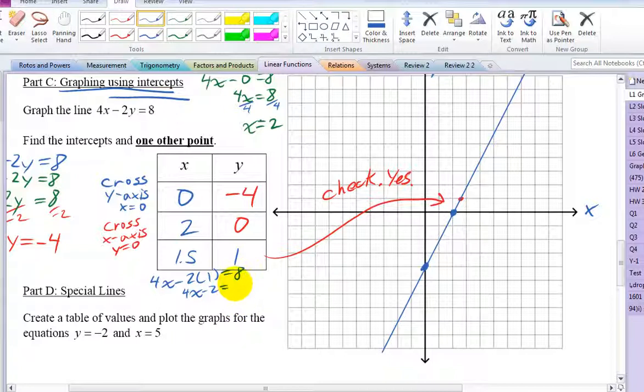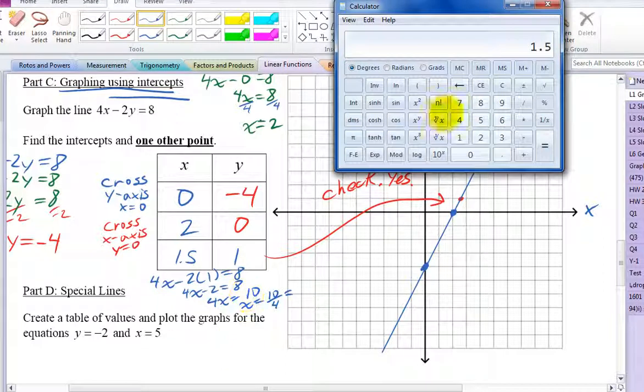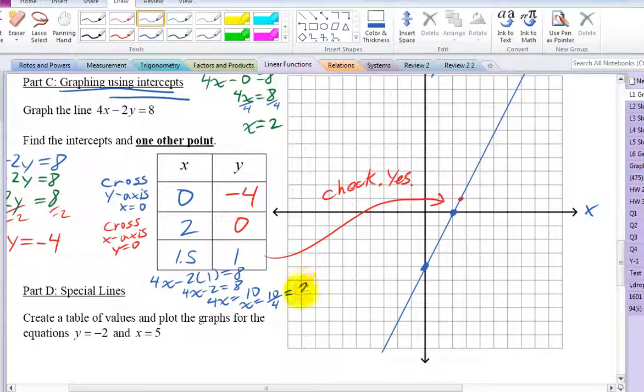How embarrassing. Now I know what you guys feel like. Ten divided by 4, yeah, you're used to it, thanks. 2.5. There we go. Woo! I was cheating there because I remember it from last class, last block.